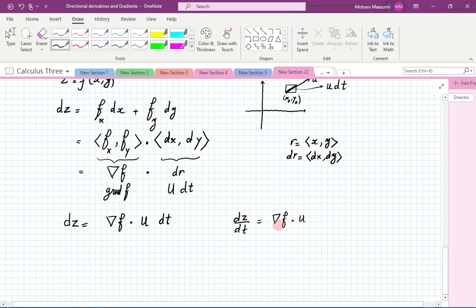When you are dotting two vectors, you can write either of them first. Sometimes u dotted with del f looks better, so that you get the dot product of two vectors with less confusion as to who is who. This is going to be the directional derivative in the direction of u.